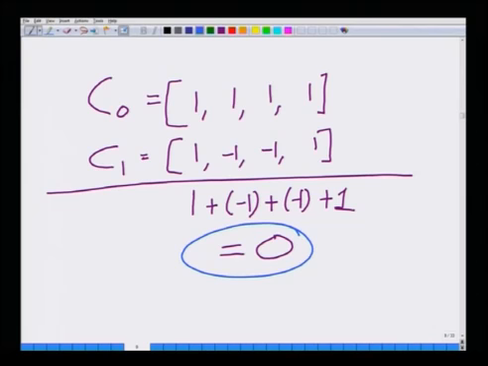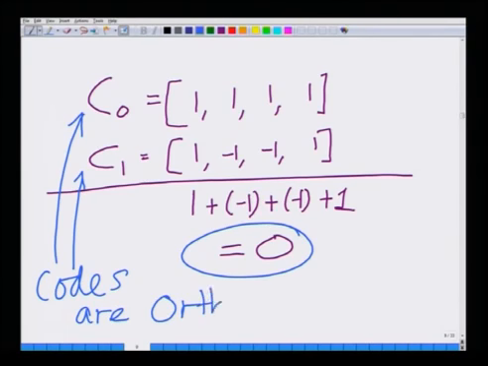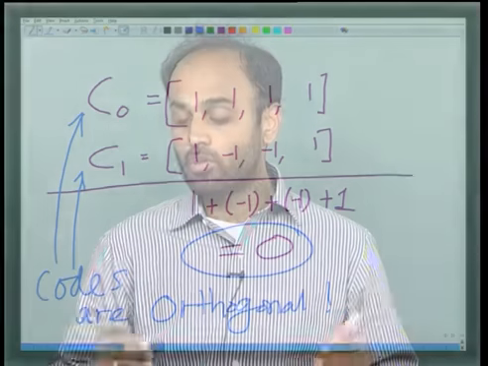Remember, if two vectors have dot product 0, we have a name for that, we call those vectors orthogonal. That is the property these codes are exhibiting. These codes are in fact orthogonal. That is the reason you are able to recover the symbols corresponding to these.